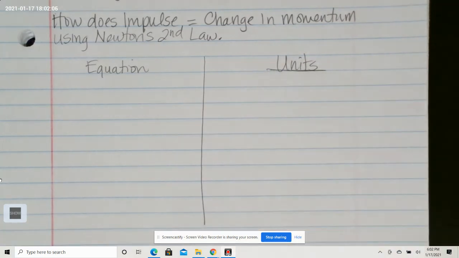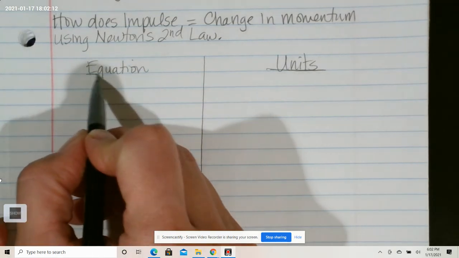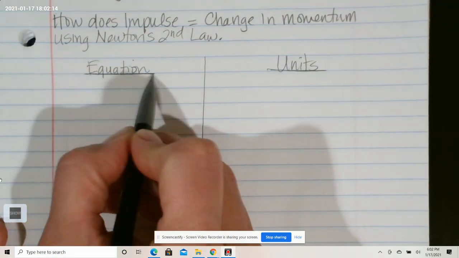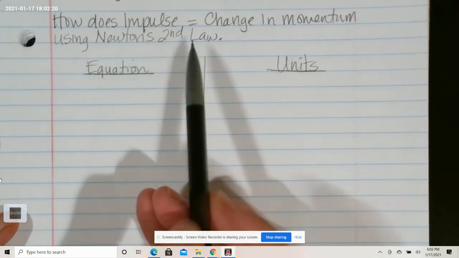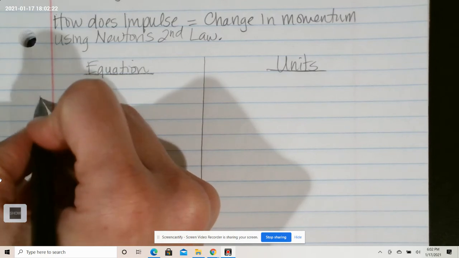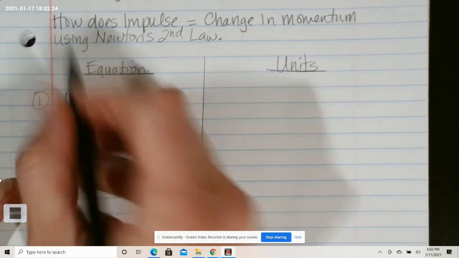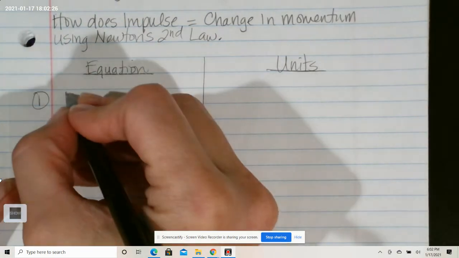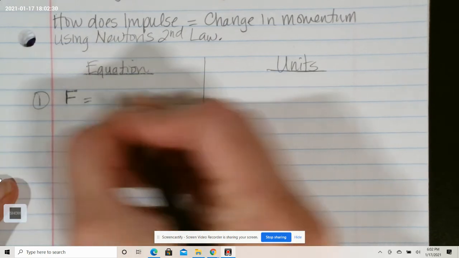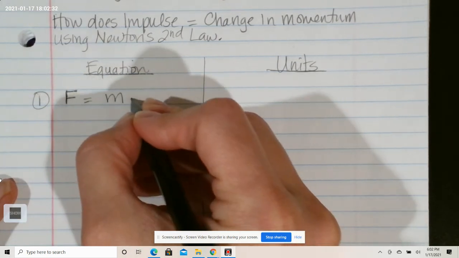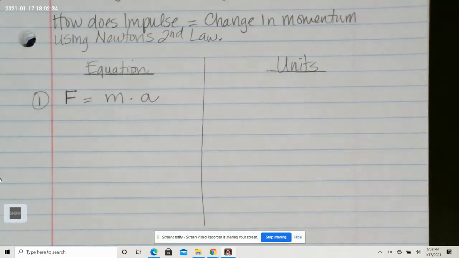Remember, if we're canceling units on top and bottom, they always equal the units we need. So it's not by coincidence, it's because it works out that way in the equation. So I said we're going to use Newton's second law. So step one, let's write out Newton's second law. Remember, the equation for Newton's second law of motion is force equals mass times acceleration. Okay, so let's start there.